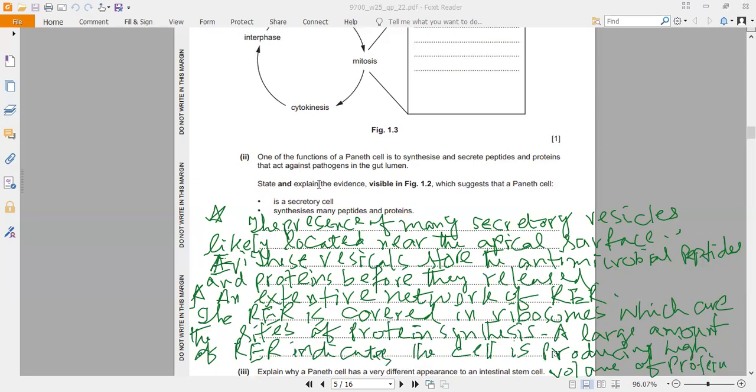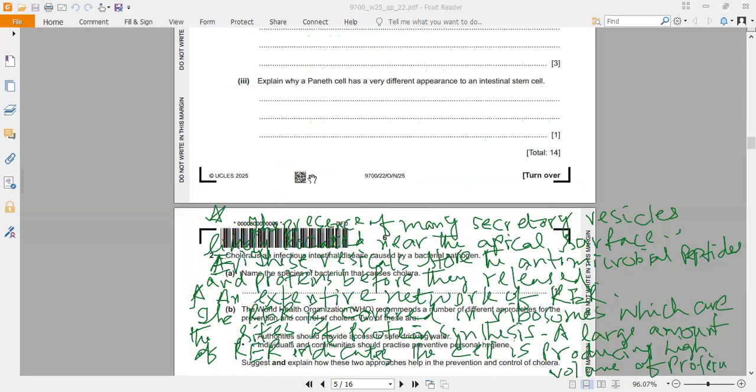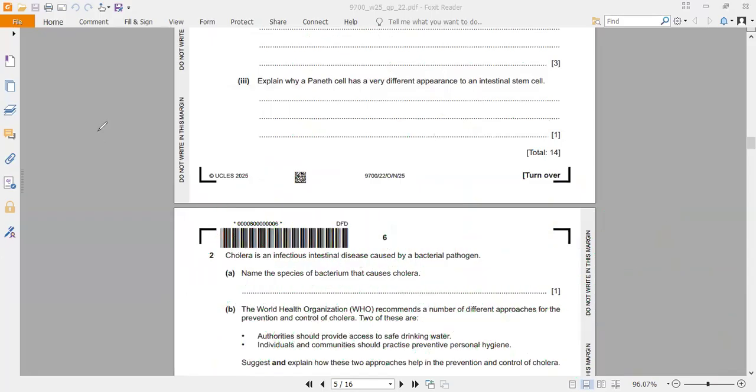Now, the next part, or the last part of this question, explain why a Paneth cell has a very different appearance to an intestinal stem cell.